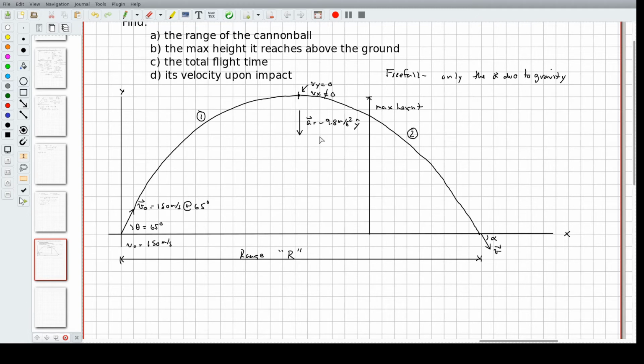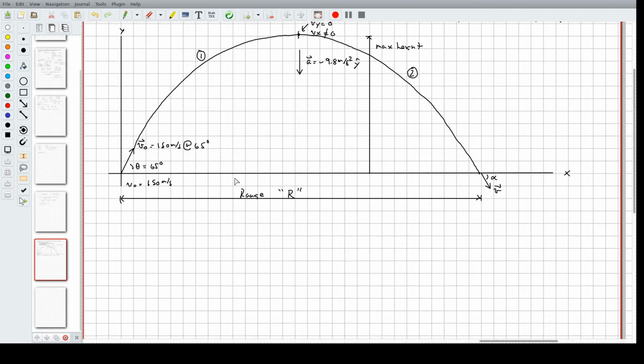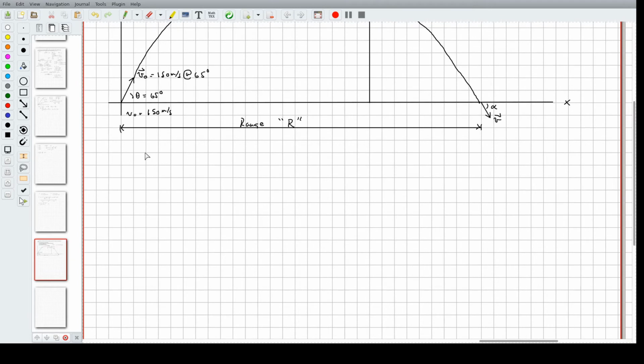Okay, so down below here, we're going to draw two separate problems. There's going to be one like this. This will be part 1. And then one like this. This will be part 2. Okay. Now, there are a couple different ways we could approach this. I'm going to approach it like this. The first part, let me just go ahead and put y's and x's to be consistent here.